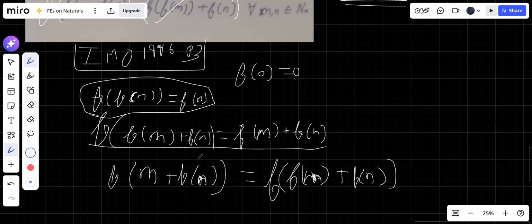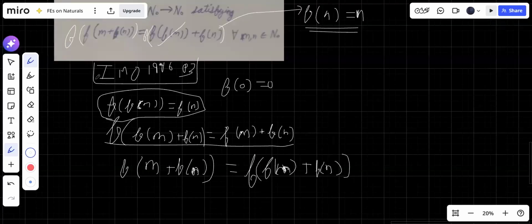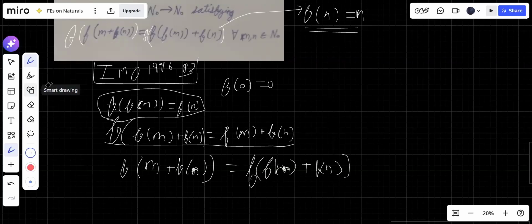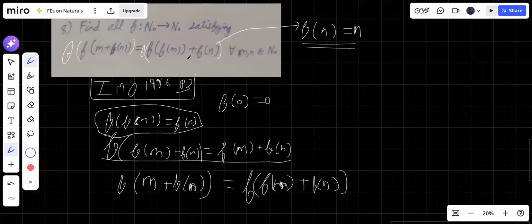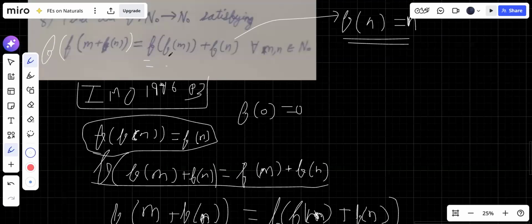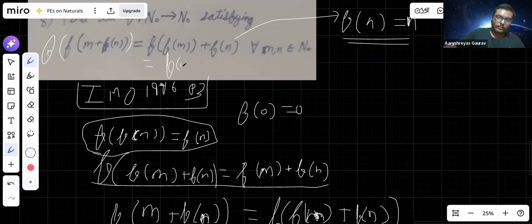From the initial expression given as a condition in the question, simplifying the RHS, we get that f of m plus f of n is equal to f of m plus f of n.